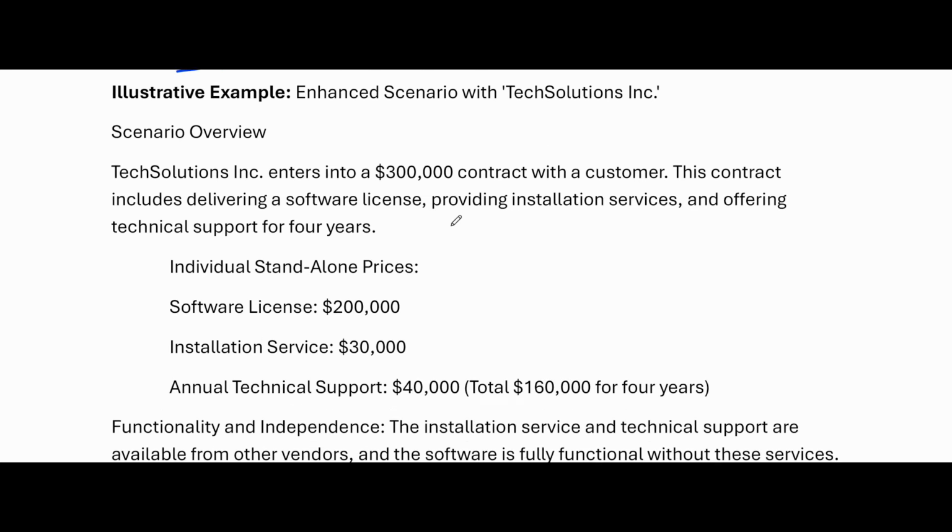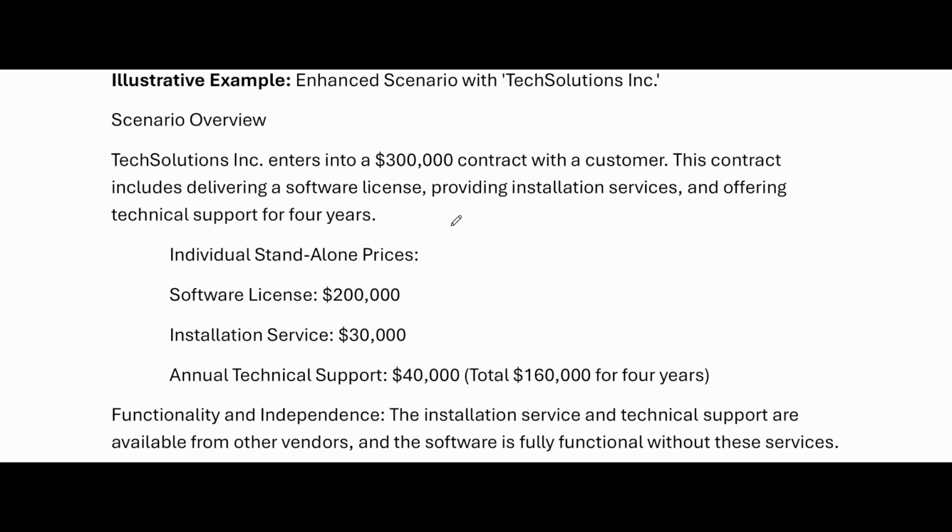In this question also I divided it into parts for basic easy understanding. For example, a software company, Tech Solution Incorporation, enters into a 300,000 contract with a customer. This company is going to recognize revenue in the books of accounts, and how and when they are going to recognize revenue we can discuss now.